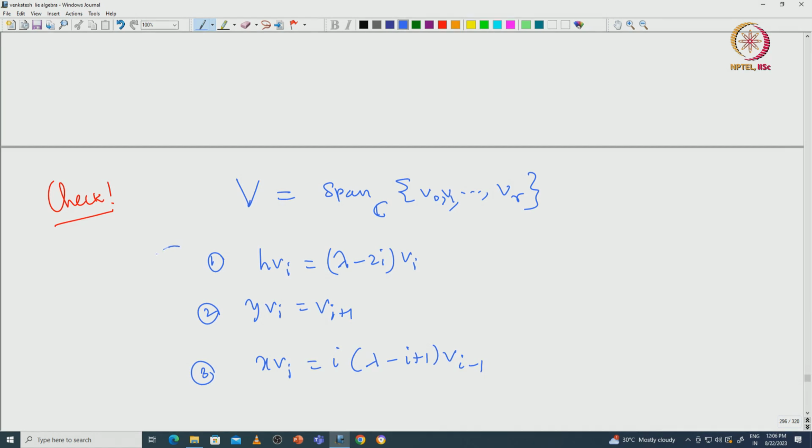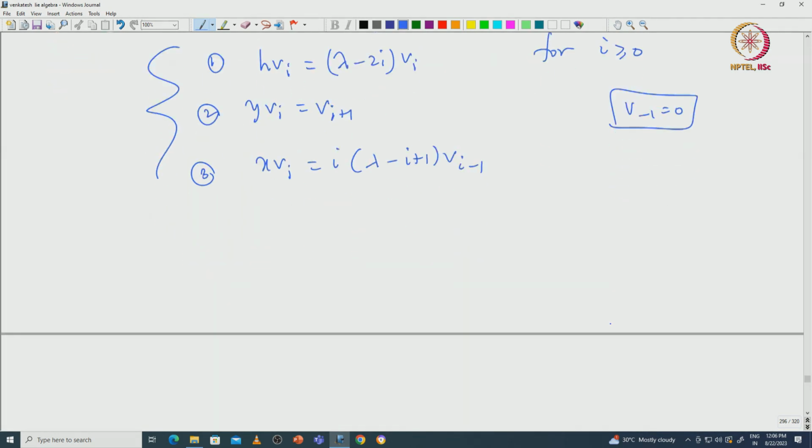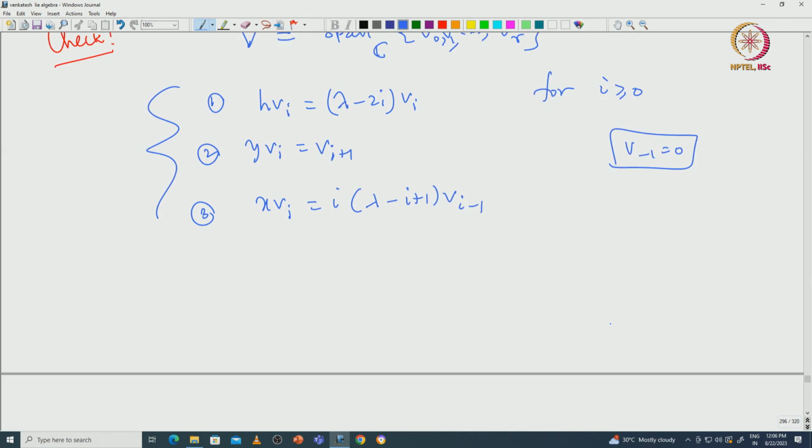So, you define the action of sl2C using these formulas for i greater than or equal to 0, with the convention that V minus 1 is 0. Then you can prove that this defines a well defined action of sl2C on capital V. Okay. So, I leave it to you to check.